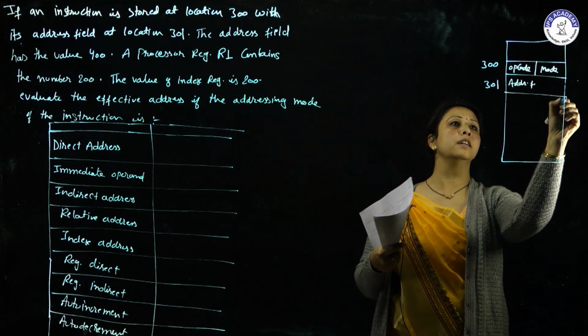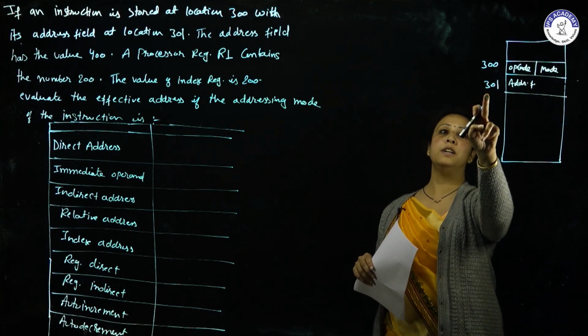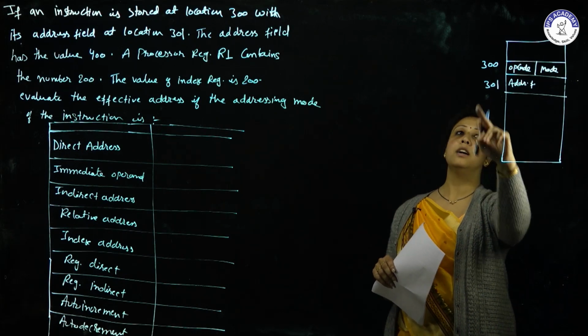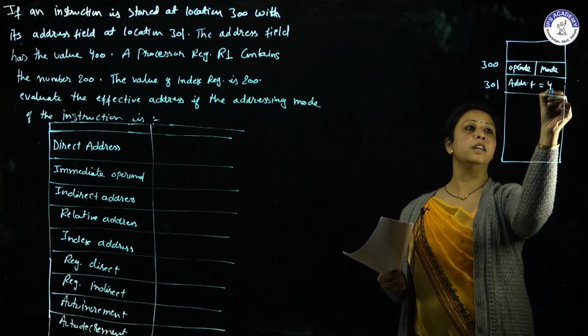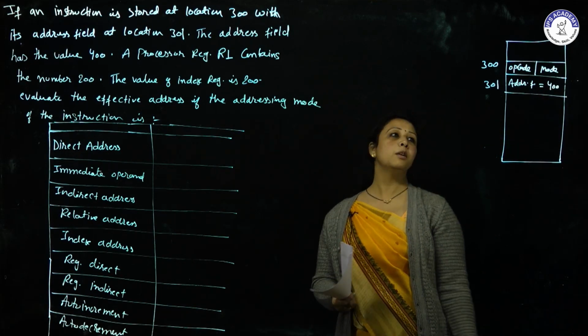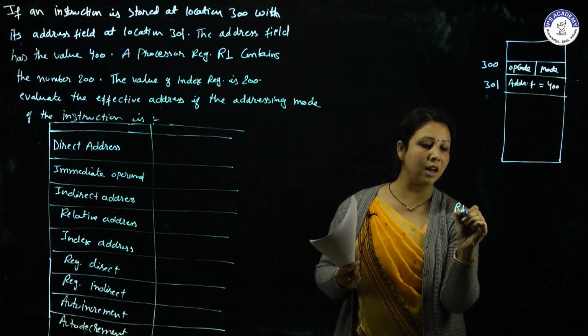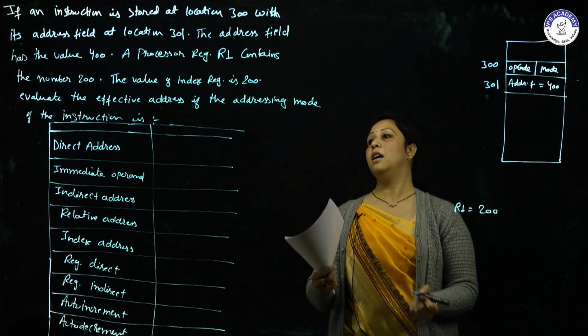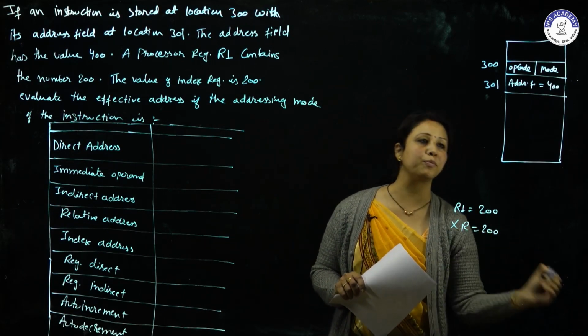Here is the address field. So an instruction is stored at location 300 with its address field at location 301. The address field contains the value 400. The processor register R1 contains 200 and index register XR has the value 200.